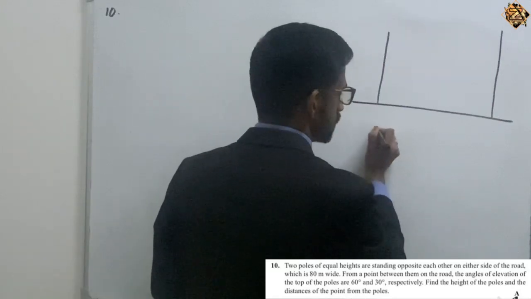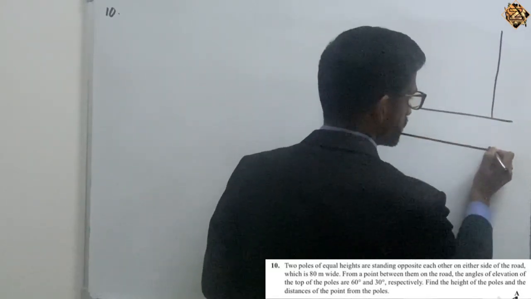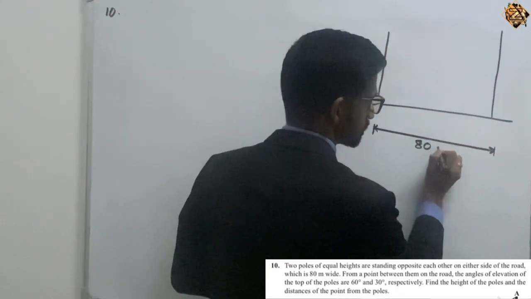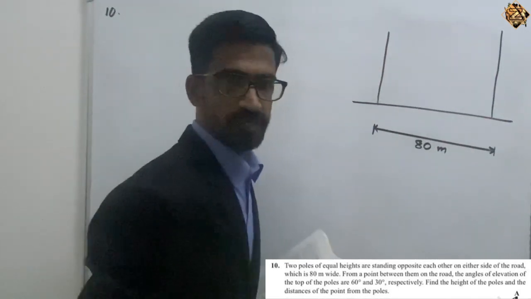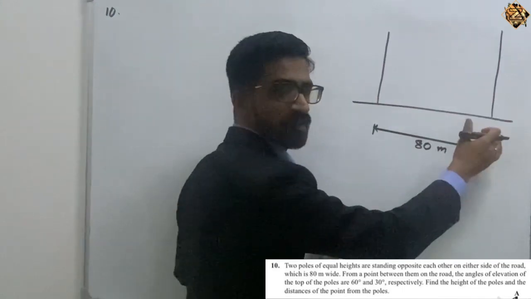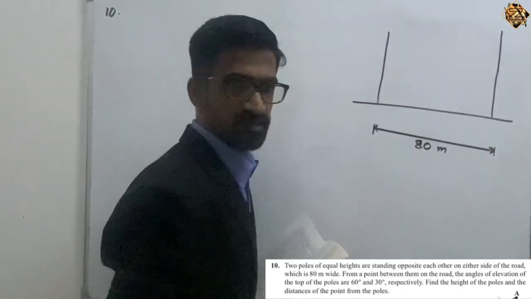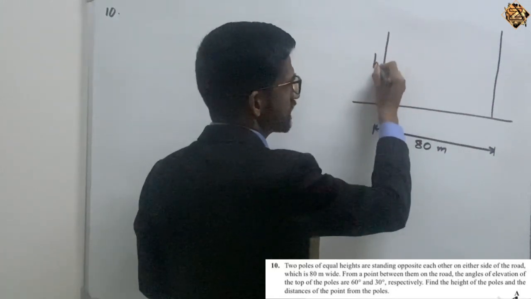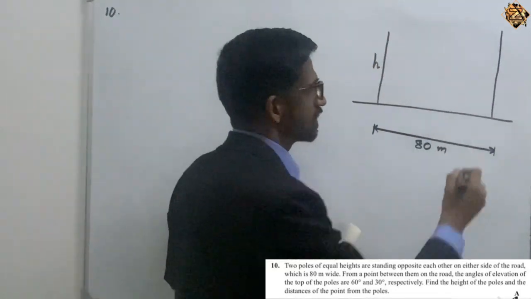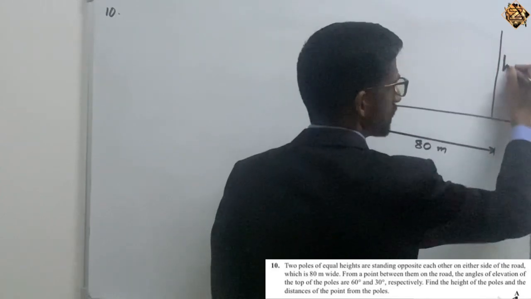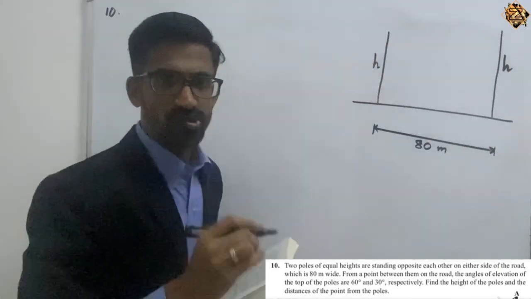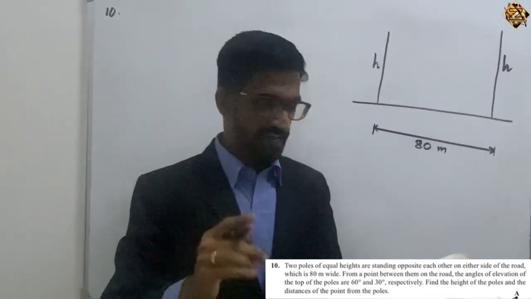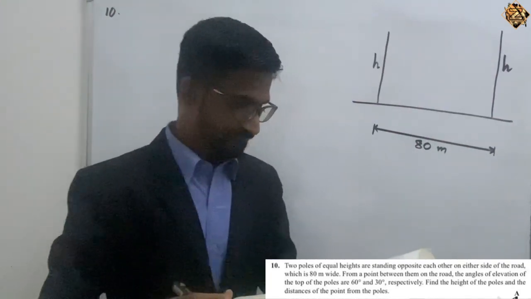So the width of the road is given, that is 80 meter. That is the total width of the road. On either side of the road there are two poles of equal heights. So let this be a pole. Its height, if we take h, the height of this pole is also the same, equal heights.